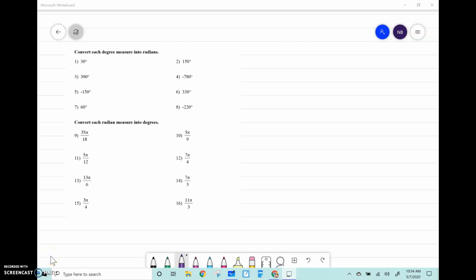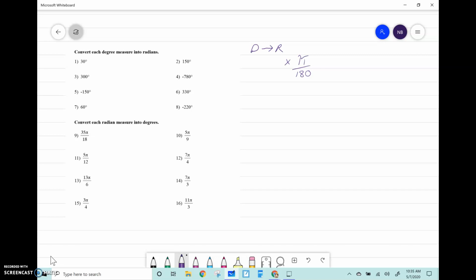Alright, with our part 2 assignment for our chapter 7, we're just expanding on converting degrees into radians and radians into degrees. Just a quick note, when we're going from degrees to radians, I'm going to abbreviate with D to R. We're going to multiply by pi over 180.